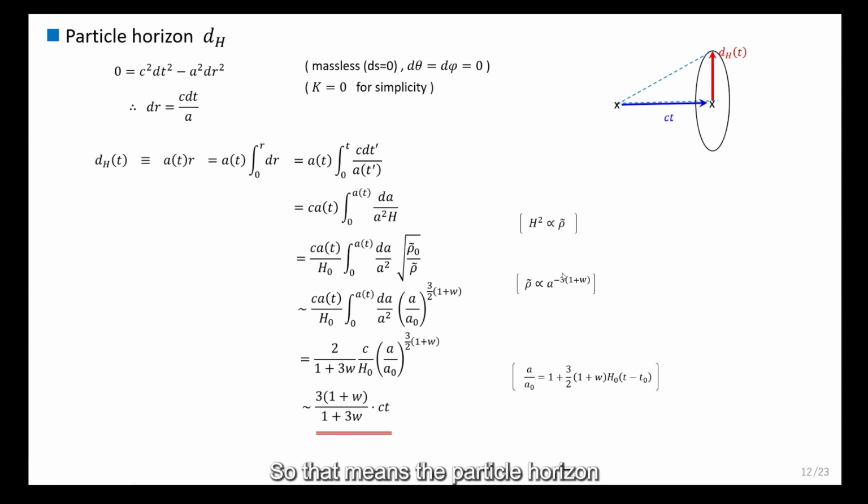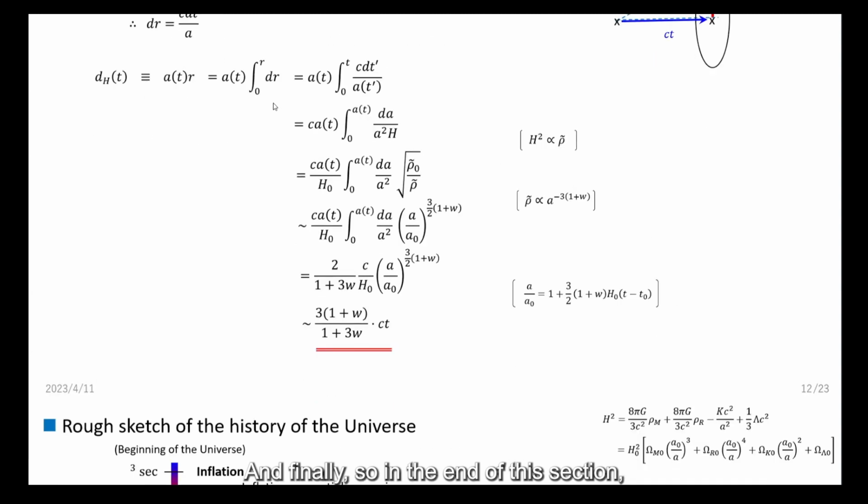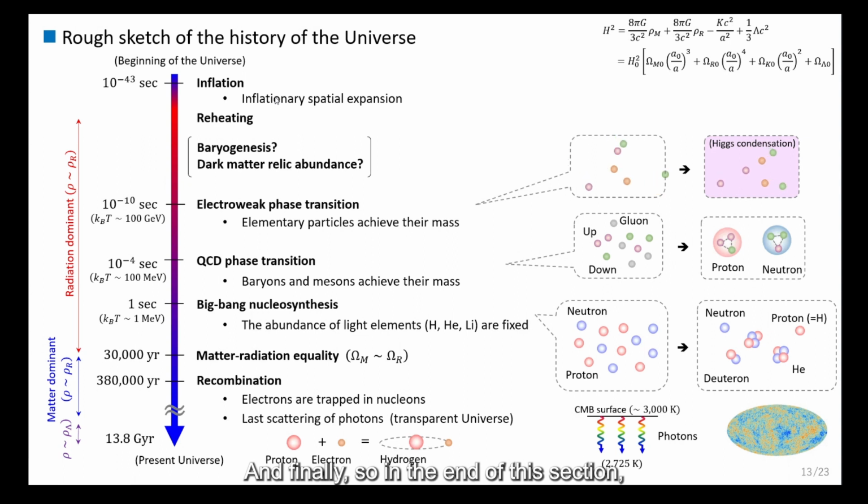So that means the particle horizon is broader than the normal ct, just twice as different. And finally, at the end of this section, I give a rough sketch of the history of the universe.